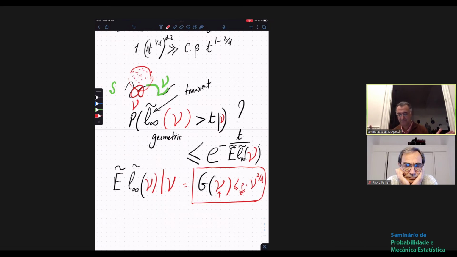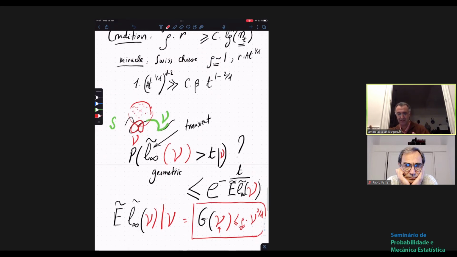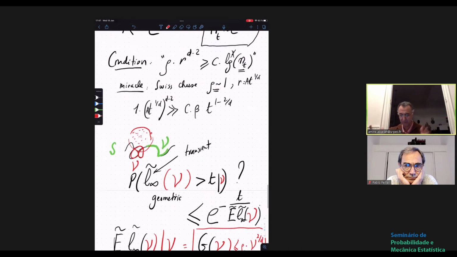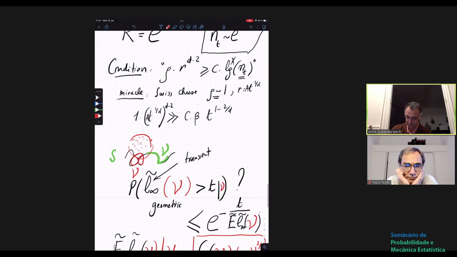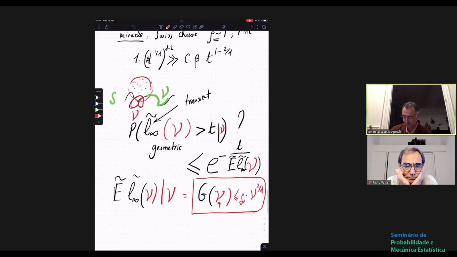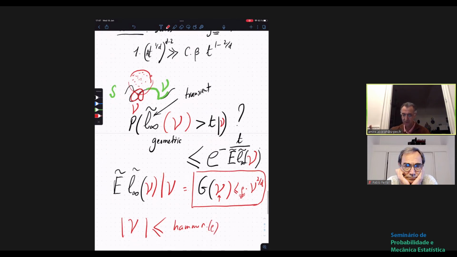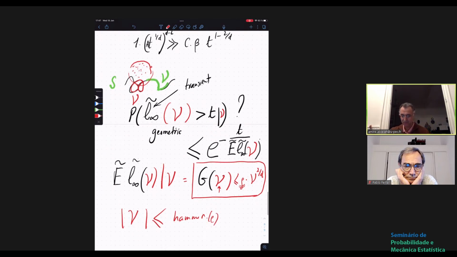So now there is really nothing to do. According to the density, you will use your hammer. You have a bound on V, so V is bounded by the hammer estimates, something depending on rho, let's say T over some rho to a given power. Then you have this bound, which tells you which density you can forget.